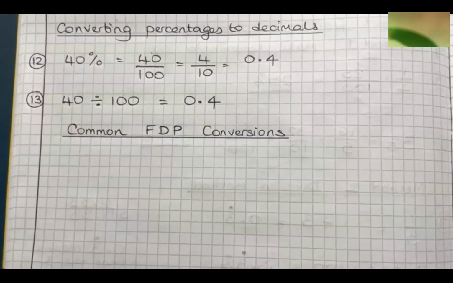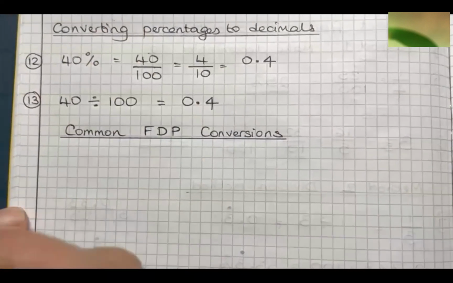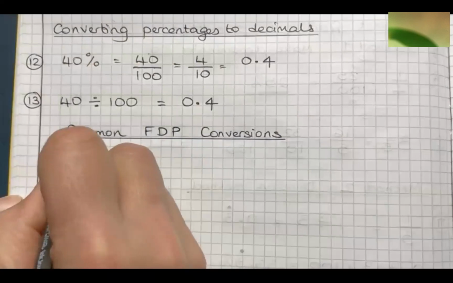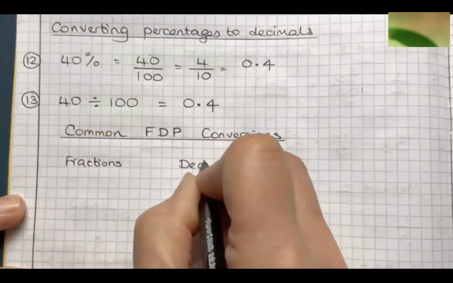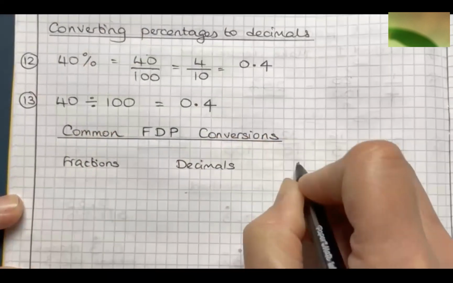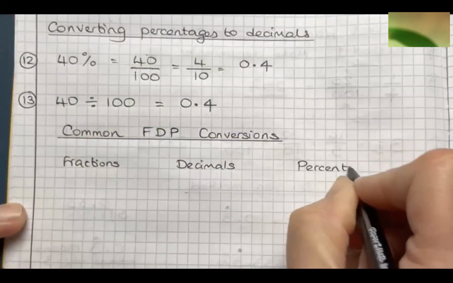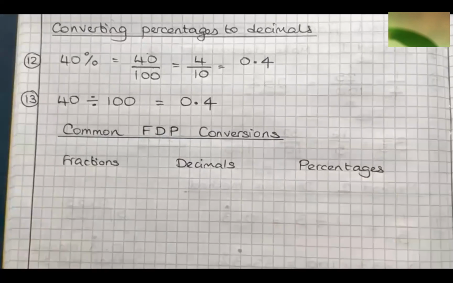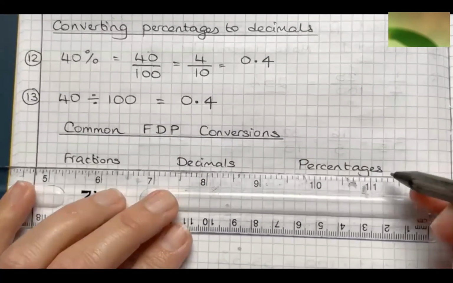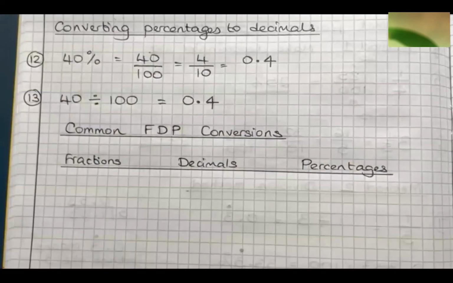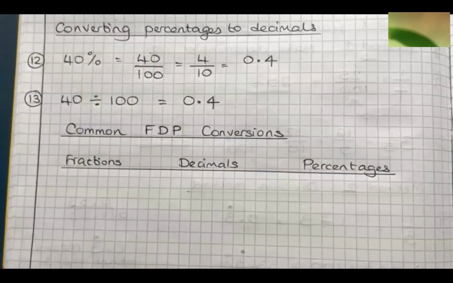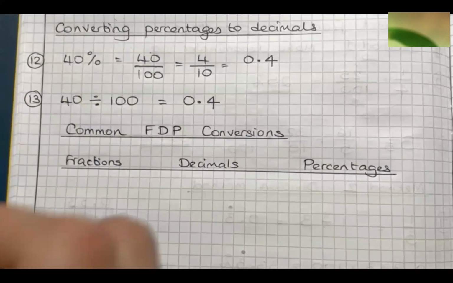You don't have to calculate it each time. So I'm just going to do a few. You can probably set it out far more neatly than me, because I'm just going to do it very quickly. Fractions, decimals, and percentages. 3 quick headings. And then I'm not going to do, obviously, loads. I'll just do a few key ones that sort of tend to come up again and again.